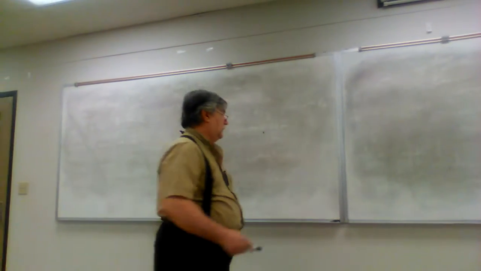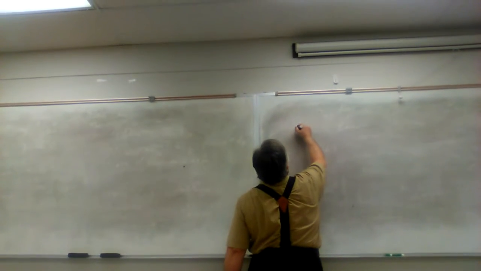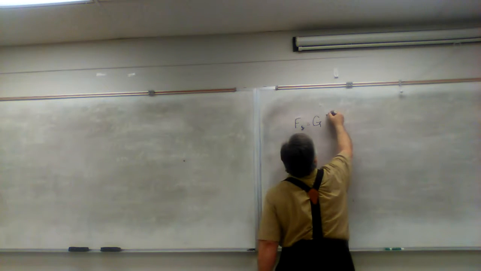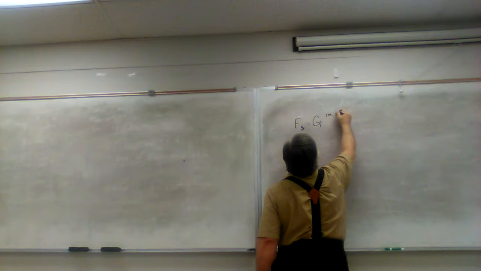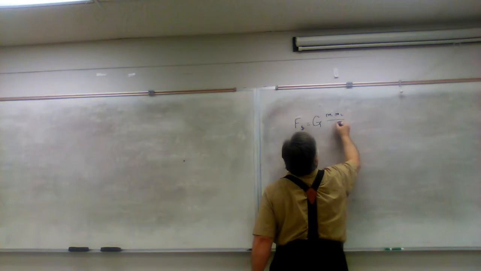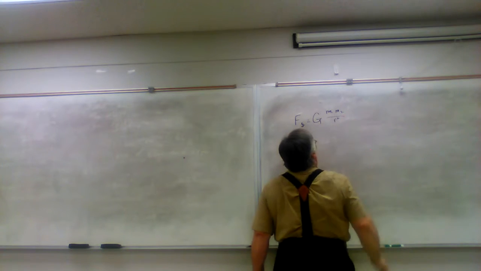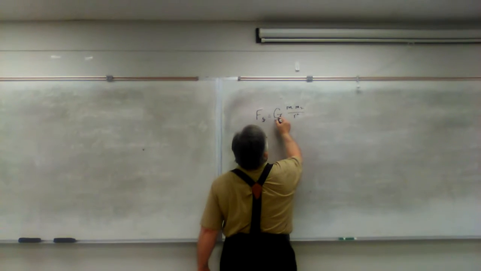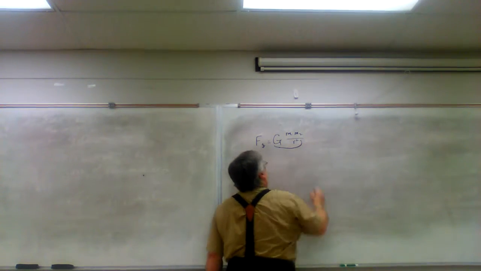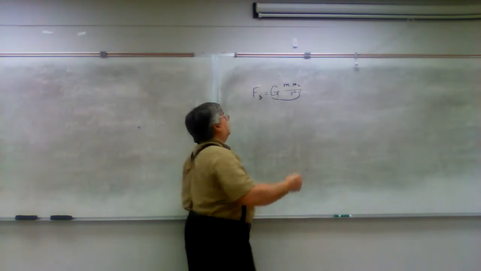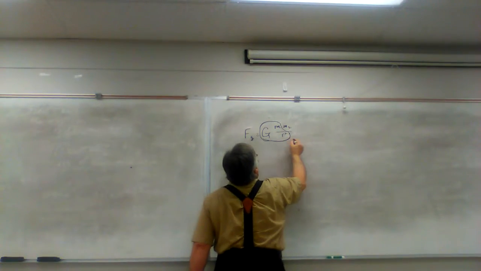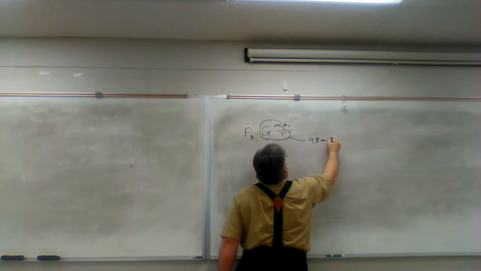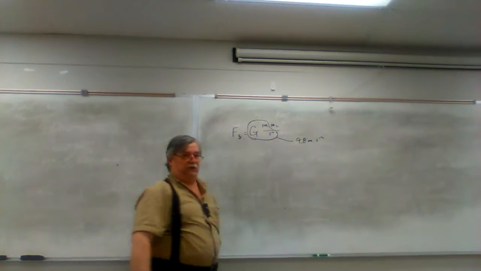The force due to gravity is the universal gravitational constant, m1, m2, divided by the distance between them squared. If you take this universal gravitational constant, the radius as the radius of the Earth, and m1 as the mass of the Earth, that part equals 9.8 meters per second squared, or 32 feet per second squared.